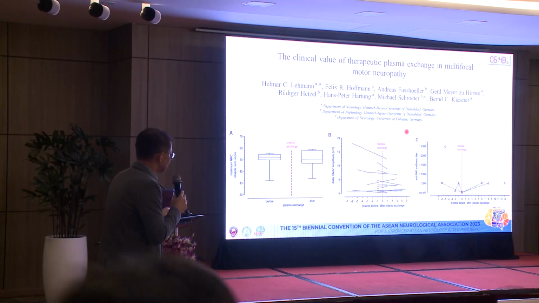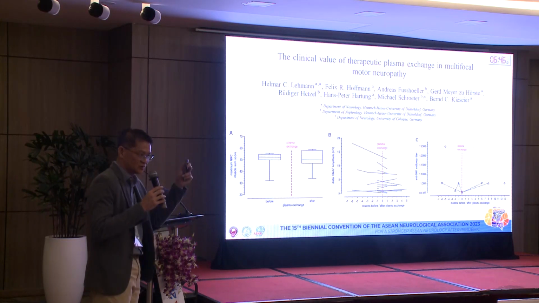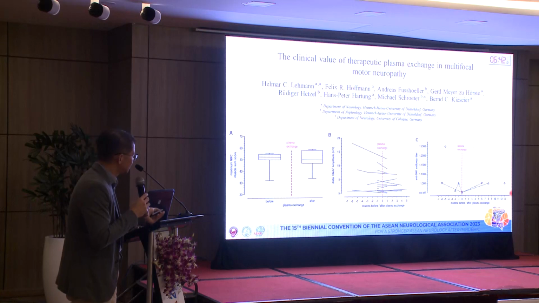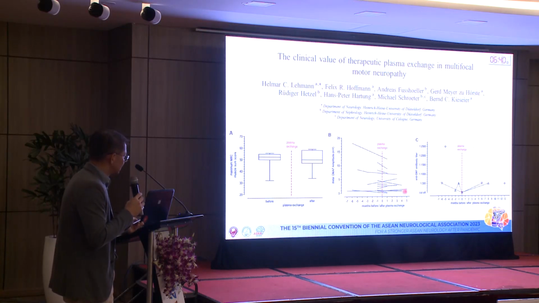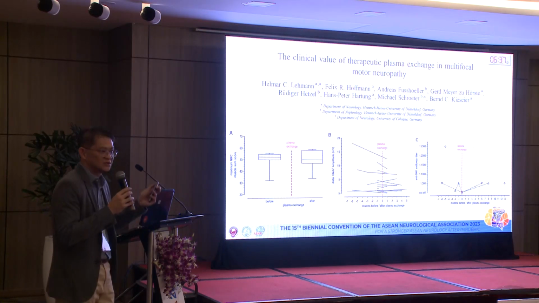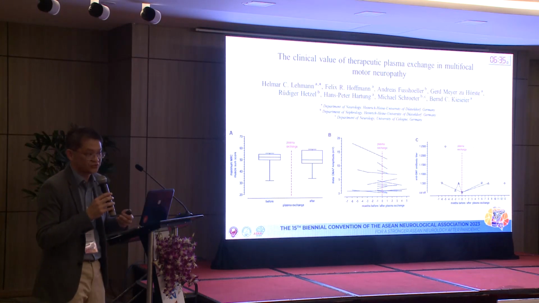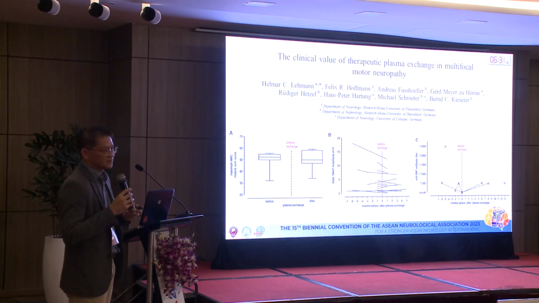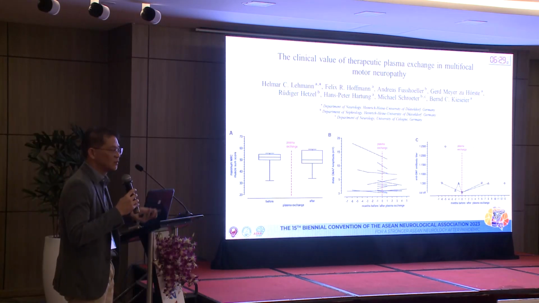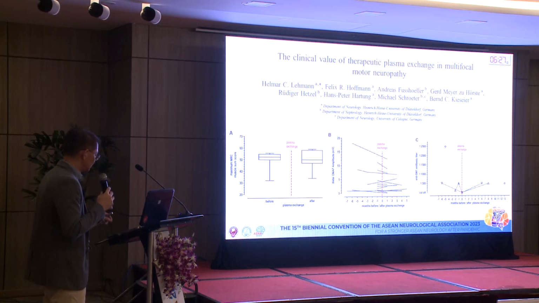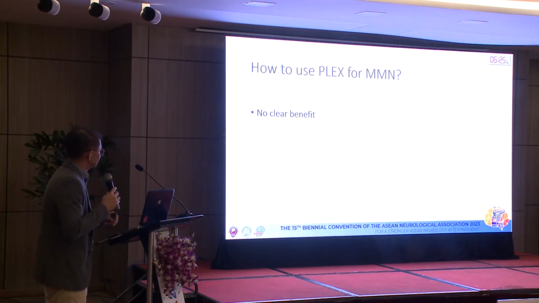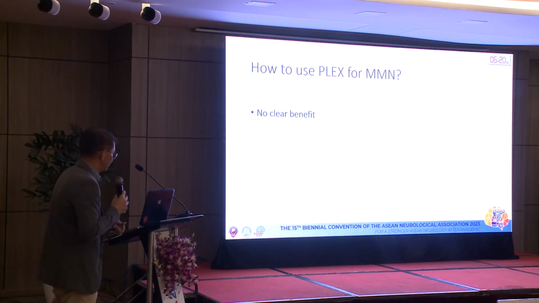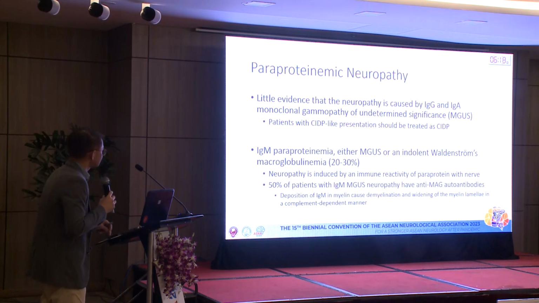And despite doing plasma exchange with the reduction of the GM1 antibody, you see that the CMAP on nerve conduction testing will continue to degenerate. So again, it's something which is very difficult to answer, but it doesn't normally work in a patient with multifocal motor neuropathy. So how to use plasma exchange in multifocal motor neuropathy? There's no evidence. There's no clear benefit.